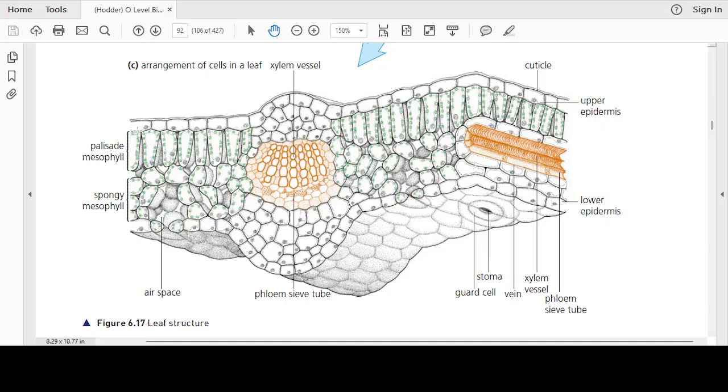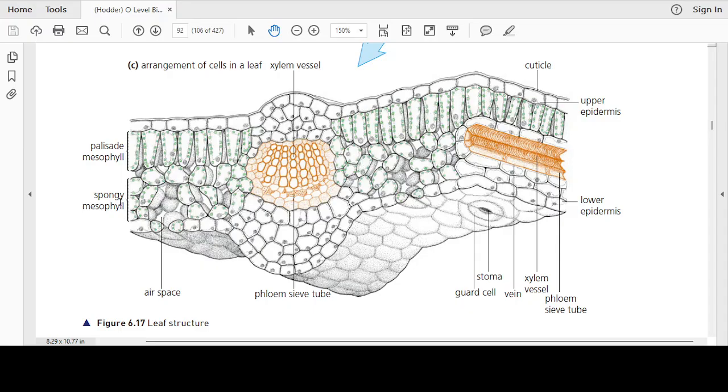Then you've got these long column-like cells, right? They go pretty much all the way through except for the midrib. So they're not in the midrib, but throughout the lamina of the leaf. Those are called the palisade mesophyll cells. Below them, you've got these sort of random shaped and spaced out cells, right?